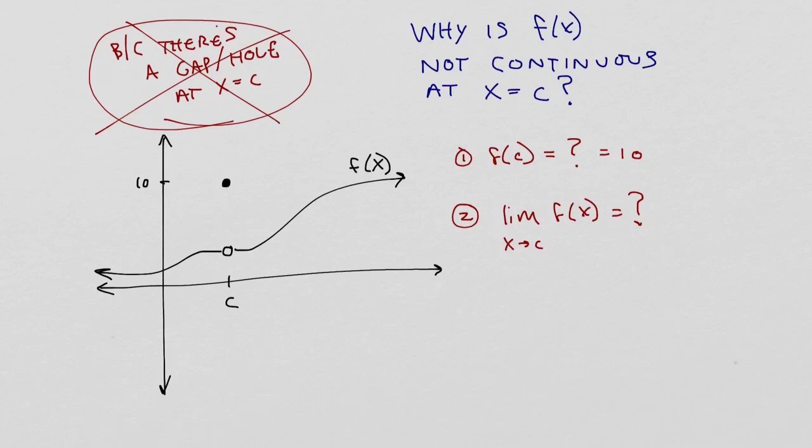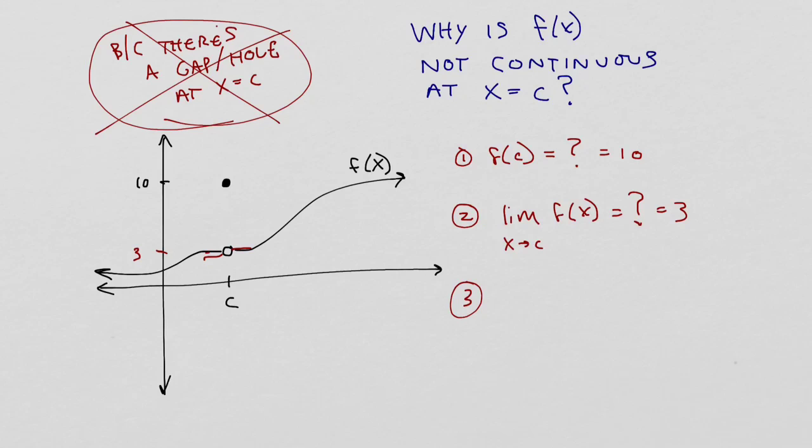Moving on down the line, we need to verify that the limit exists at c. The limit of f of x as x approaches c is equal to, what are we getting infinitely close to? Let's call that a height of 3. So we've just verified that condition 2 is in place. The limit does in fact exist.